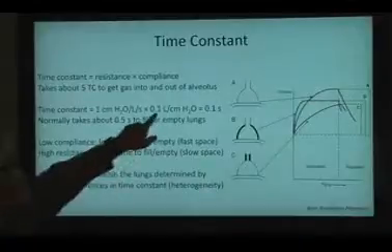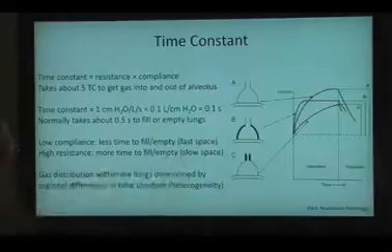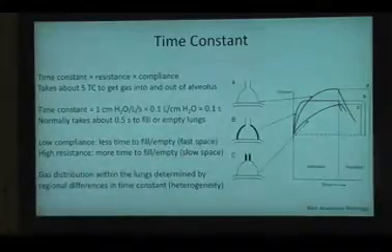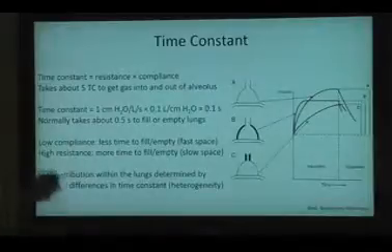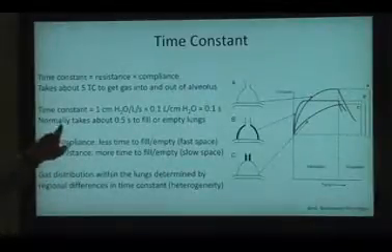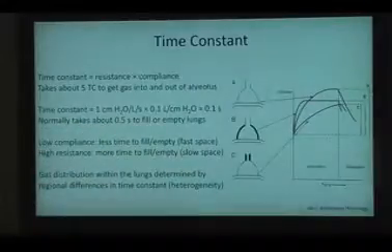A normal respiratory system compliance is 0.1 liters per centimeter of water. So a normal time constant is about 1/10 of a second. For you or me, with normal respiratory mechanics, it only takes about a half second to get gas into the lungs or out of the lungs.